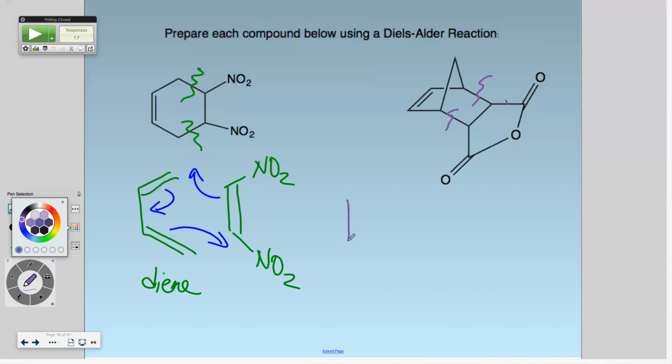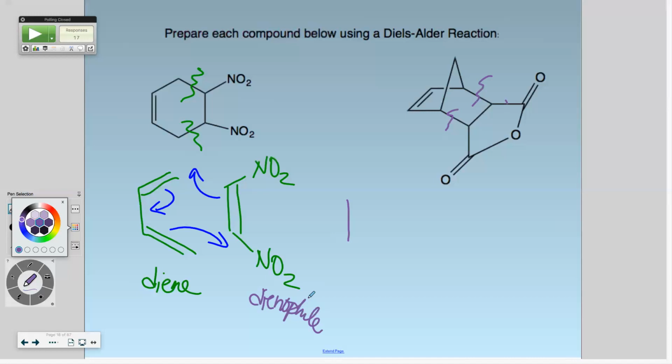A diene or, oh, I didn't write dienophile. I meant to. You already wrote it down probably. Okay, so what is the left side going to be from? The diene? How do you know that? Because that's where the double bond is. Because remember, the double bond ends up between those two carbons in the diene.